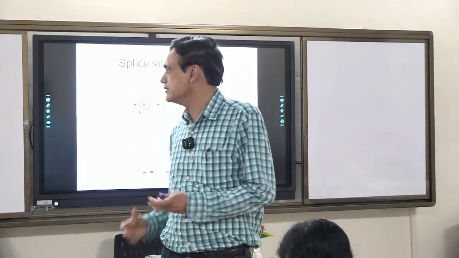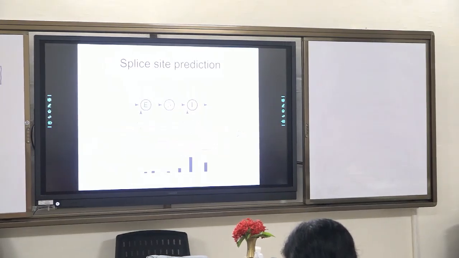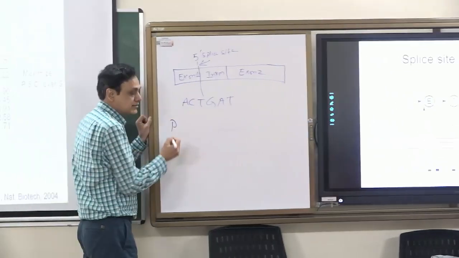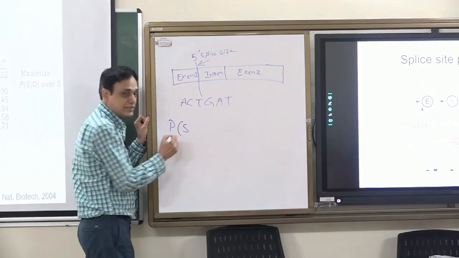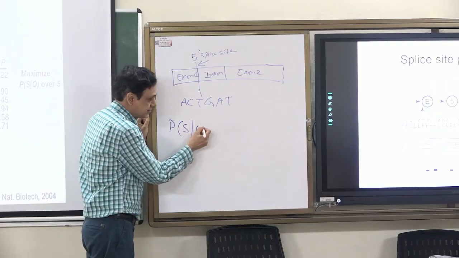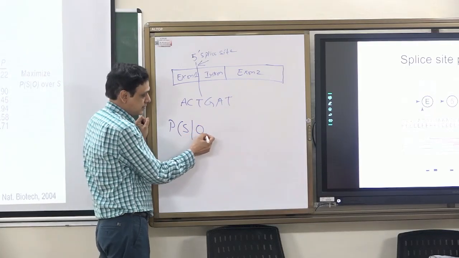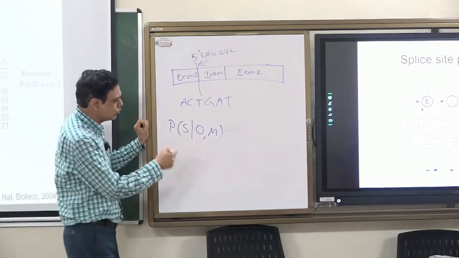Basically you have to predict the hidden sequence. So, predict the probability of the hidden sequence given what is given to you: the observation sequence and the model.